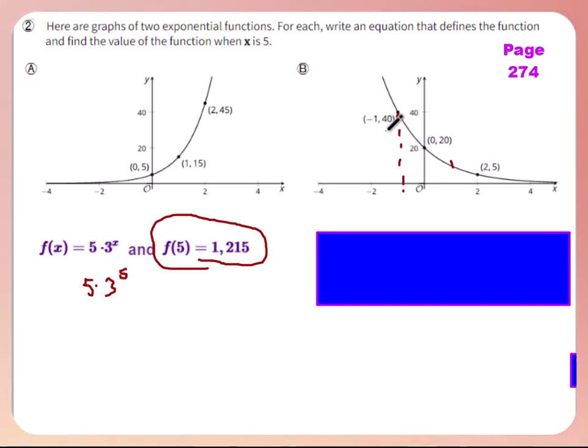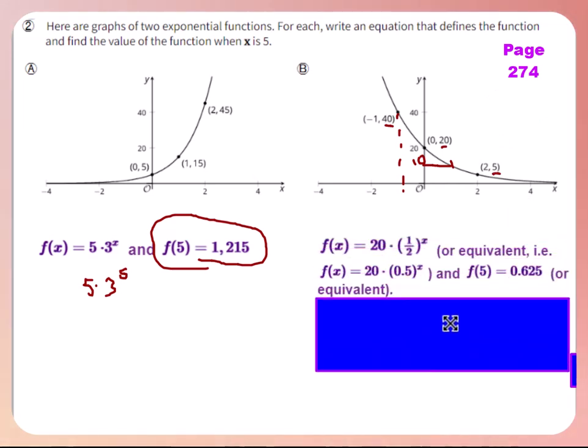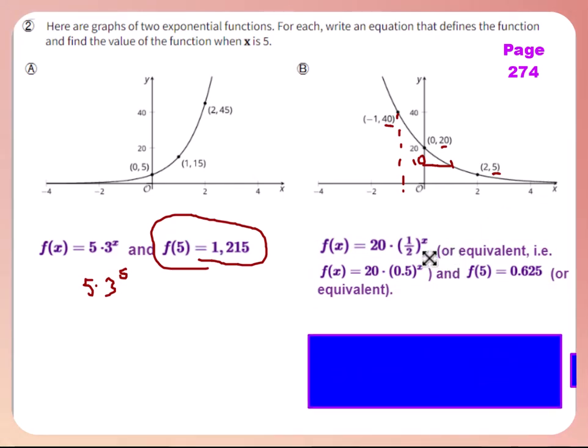So let's see, it's going from 40 to 20. That looks like half. 40 divided by 2 is 20. 20 divided by 2, our y value should be 10 right here. And then half of 10, our y value should be 5. So it looks like we're decreasing each time we go down 1 unit. We're taking 1/2 of that initial amount.